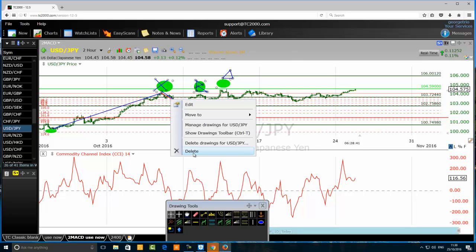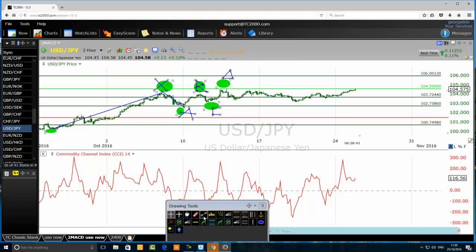The ratio between each leg or each section of the pattern, because the butterfly pattern is subdivided into 3 sections: A, B, then B, C, and then C, D. That A, B, C, D chart pattern is a specific pattern that has a specific Fibonacci ratio.